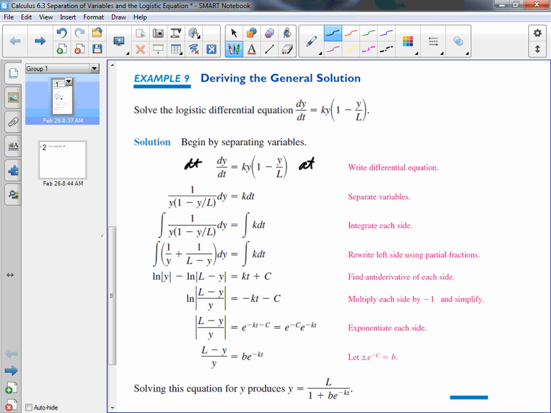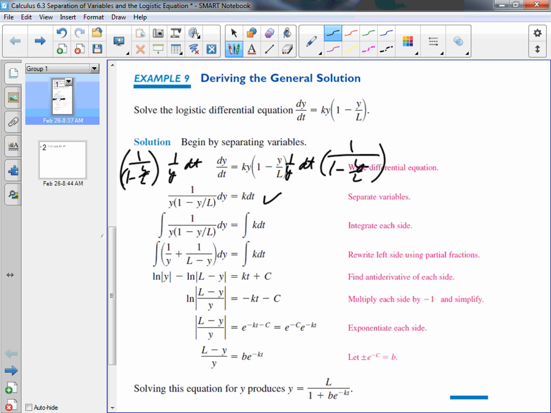Then they got rid of that y by multiplying both sides by 1 over y. And then they got rid of the 1 - y/L by multiplying both sides by 1 over (1 - y/L). And they end up with this.